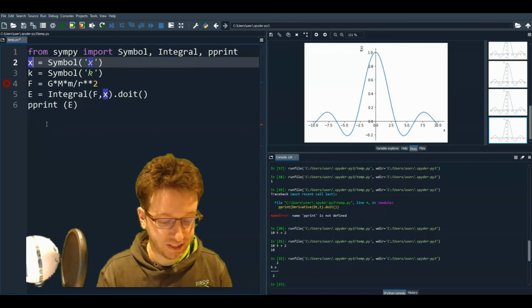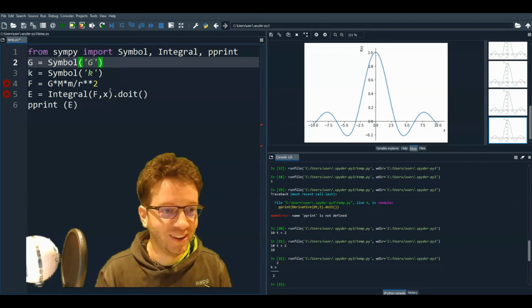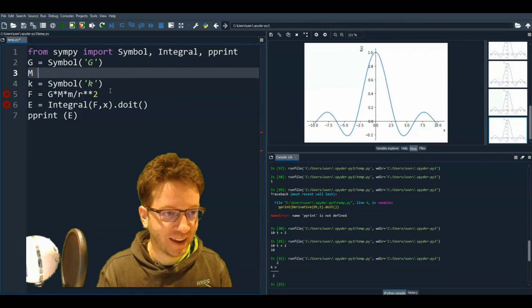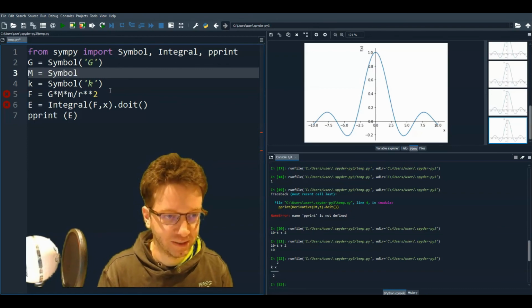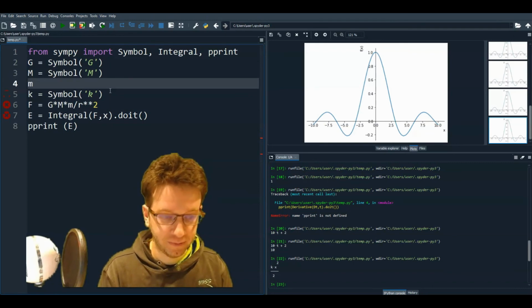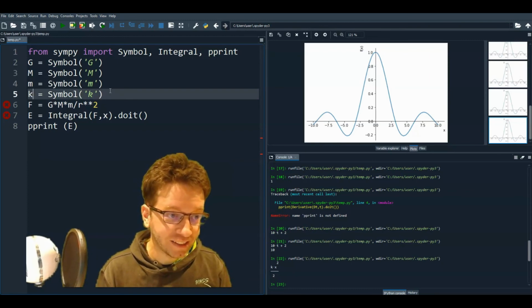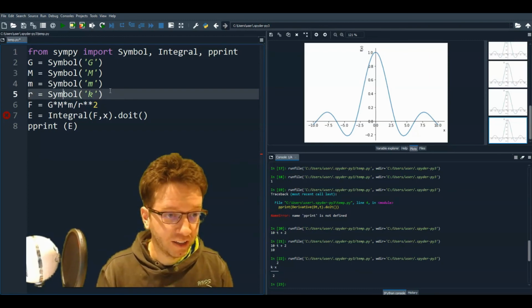So let's use G and big G, big G. There we go. We got big M, so M equals symbol M. We've got little m, so m equals symbol little m. And we've got r. Now this is a function of r.